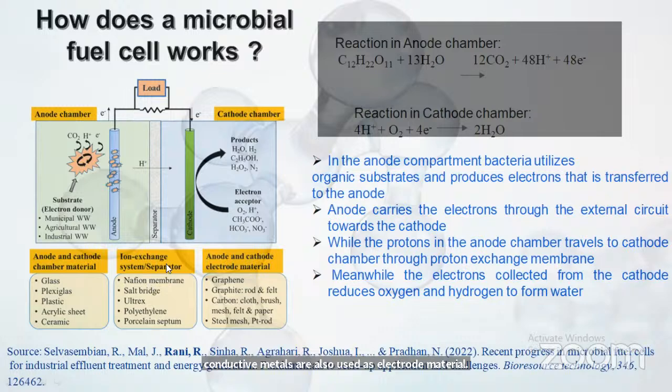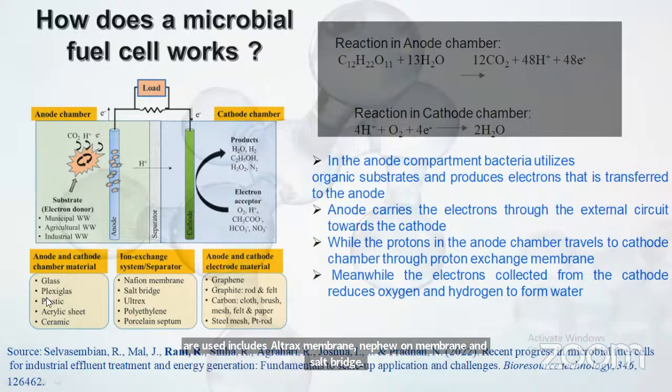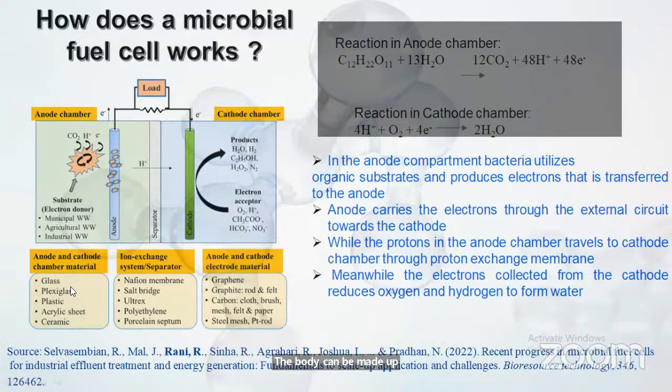For the ion exchange membrane, the common things used include Nafion, Ultrex membrane, and salt bridge. The body can be made up of any neutral material, including glass, plexiglass, plastic, acrylic sheet, or ceramic.